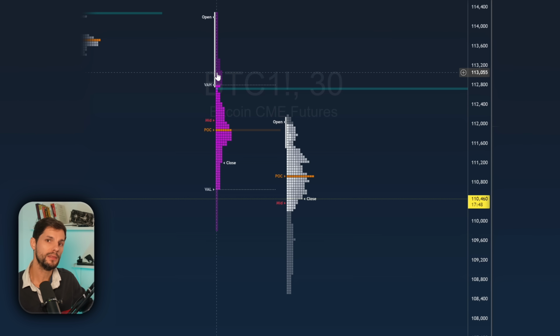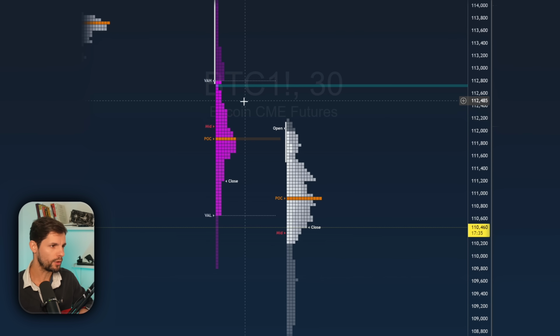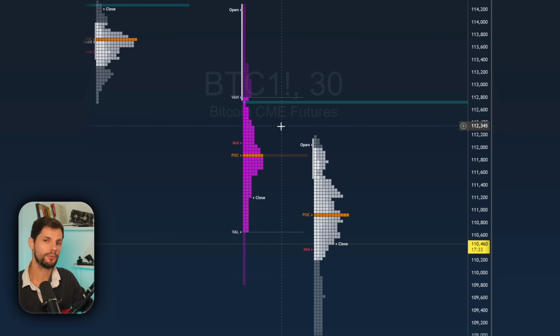That's the New York open to the New York close, and not the overnight like the Asia session and London session. So the white profile here is the overnight session, and the purplish profile here represents the regular trading hours, or the New York trading session.